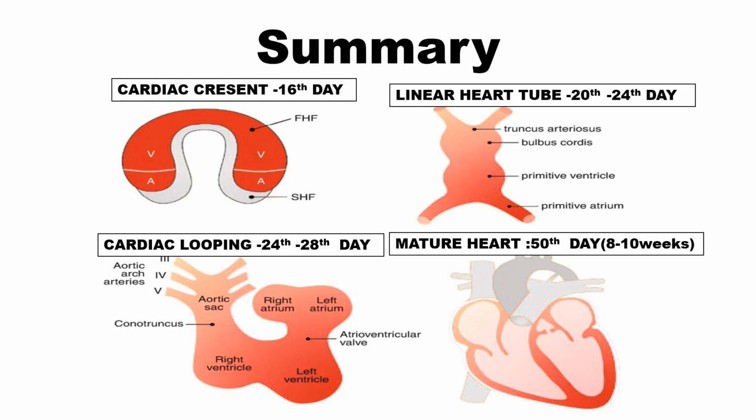Coming to the summary of the heart tube. The cardiac crescent is formed on the 16th day. The linear heart tube is formed, that is fusion, by the 20th to 24th day. Cardiac looping occurs between the 24th to 28th day, and the matured heart is finally formed between the end of the 10th week or the 50th day.